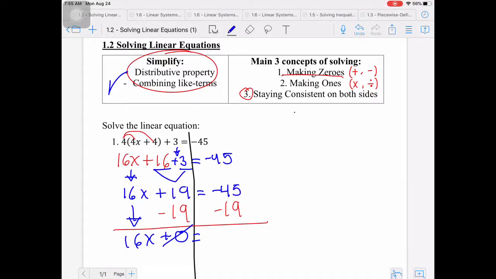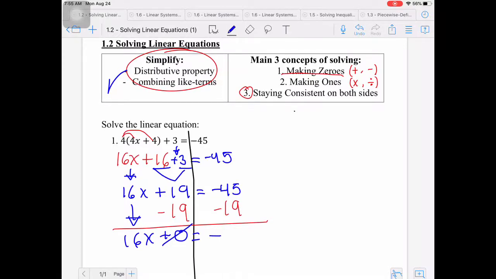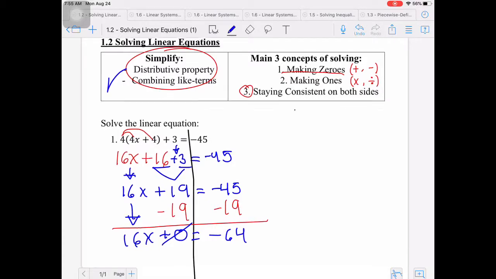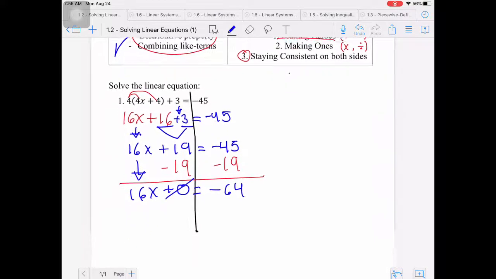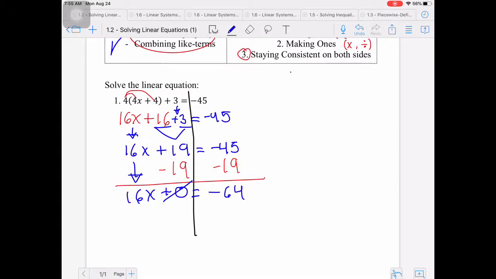Negative 45 minus 19, you're pretty much adding them, so you're gonna end up with negative 64. Cool, we're almost there. So now I got 16x equals negative 64.